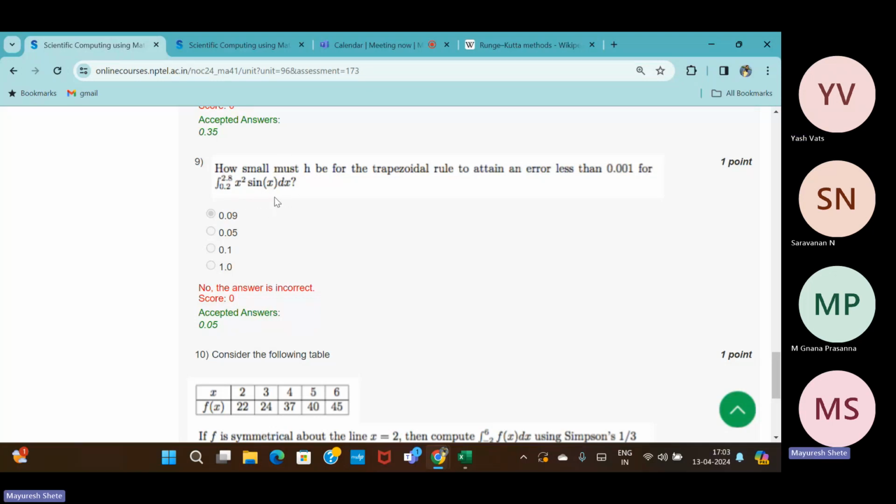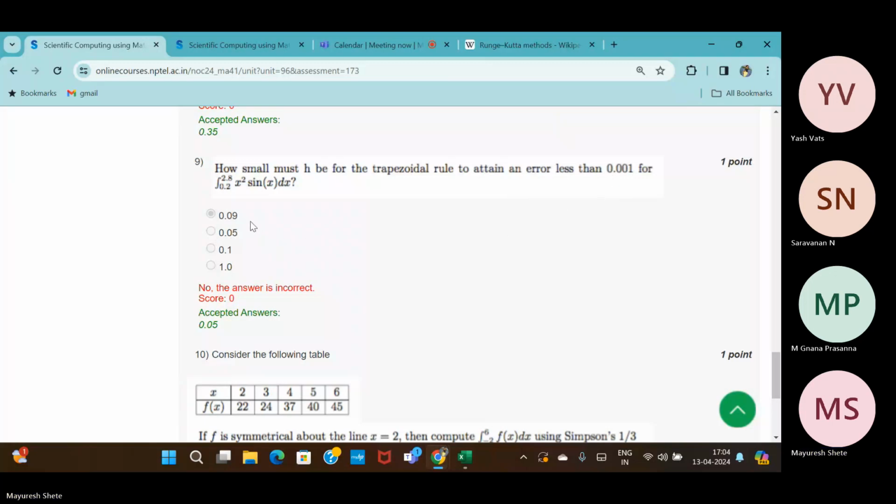Yes. This is f of x. So f dash x and f double dash x, and f double dash x to be found out at 2.8 as well as at 0.2, and the maximum value is to be taken. And that into h cube by 12 should be equated to the error. So that is what we did, and I got 0.09 as the answer with that.